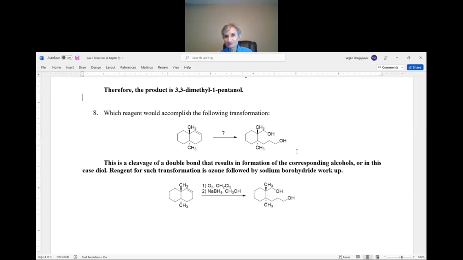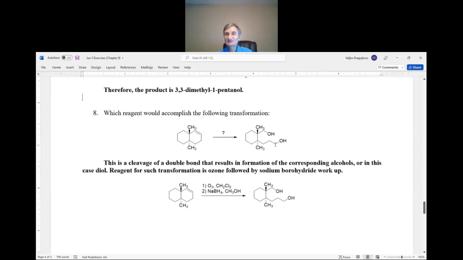So the reaction is ozonolysis. And then what the final products are depends on the workup. Workup could be oxidative workup with hydrogen peroxide, and then these two carbons would end up as carboxylic acids. And there are different types of reductive workup. Mild reductive workup with zinc in acetic acid or dimethyl sulfide results in aldehydes as reaction products.